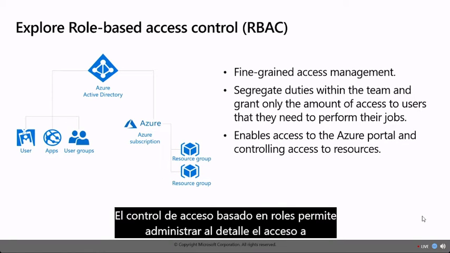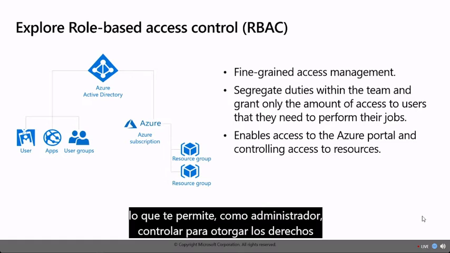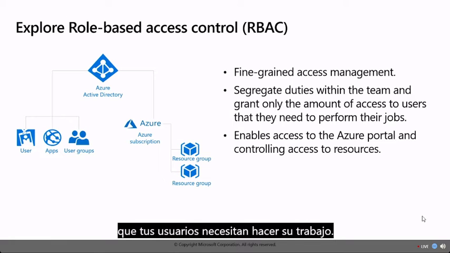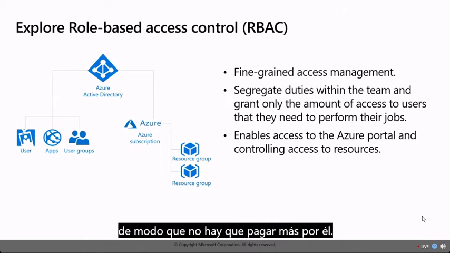So role-based access control provides fine-grained access management for your Azure resources, which gives you as an administrator control to grant the rights that your users need to do their jobs. Now, role-based access control is included in all Azure subscriptions, so there is no additional price for that.